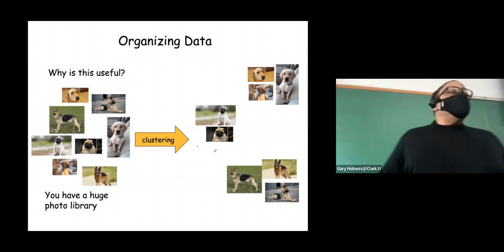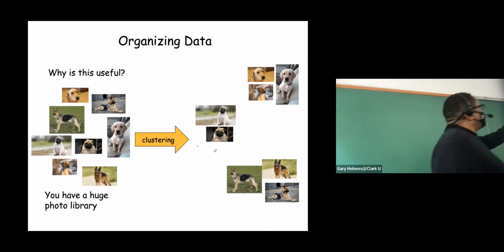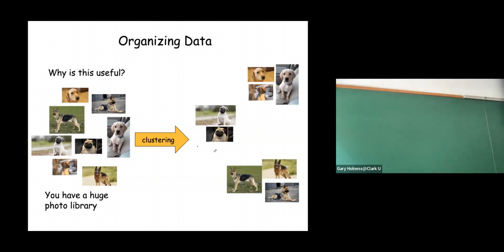Yes, there's some variability within each grouping, but there's some similarity in the content, both in terms of the color as well as the shape, the edge orientations. And so this is very useful.